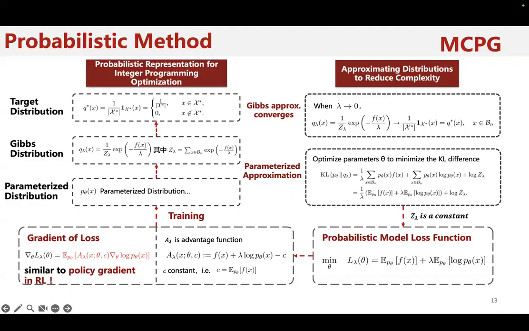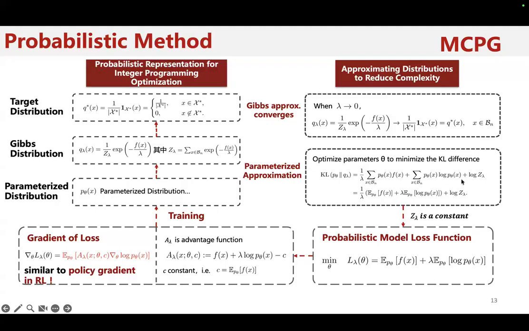So a typical model in statistics is to minimize the distance between the Gibbs distribution and the parameterized distribution. p theta is the distribution we want to find, and we minimize the distance between those two things. Of course, because they are distributions, we use the so-called KL divergence, and we plug in the expression of this Q, and we obtain this function.